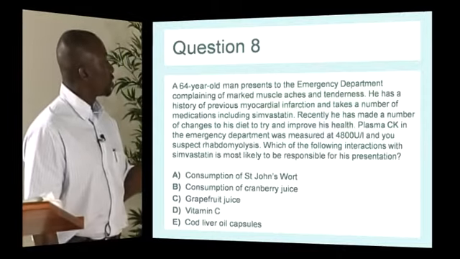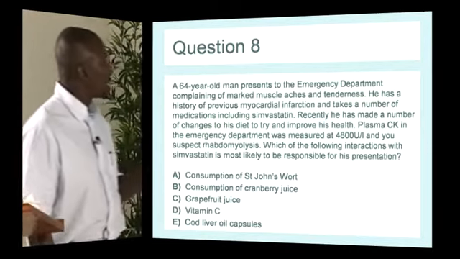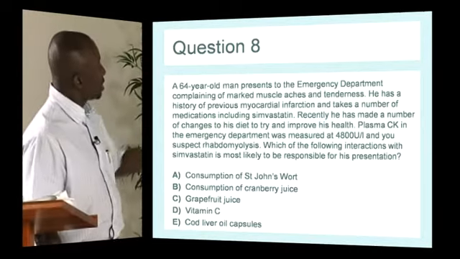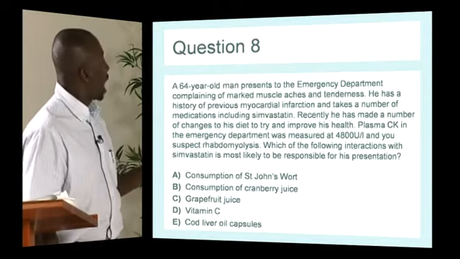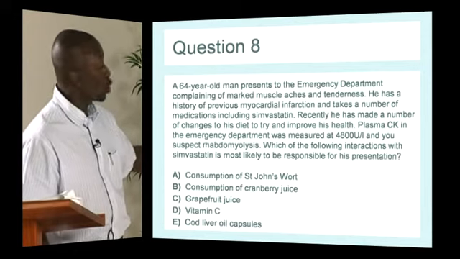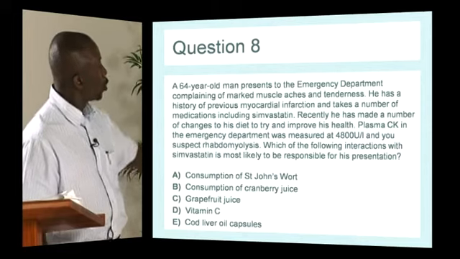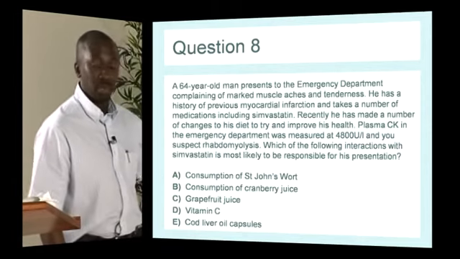Which of the following interactions with simvastatin is most likely to be responsible for this presentation? Rather than drugs which have interacted with simvastatin, I would like you to consider these over-the-counter medications which do not require prescriptions and are not necessarily drugs which can interact with simvastatin to cause rhabdomyolysis. Please consider these.